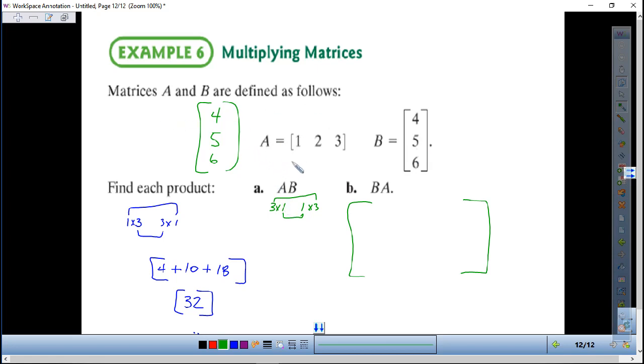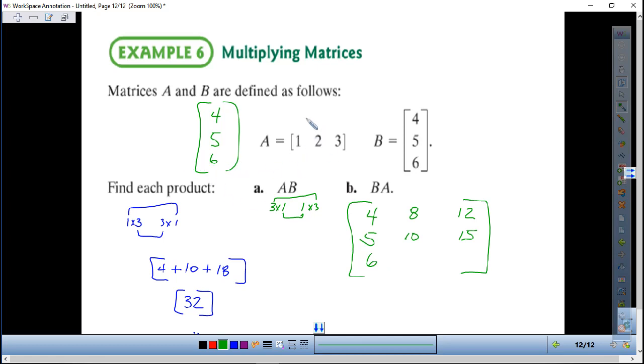So row, column, so 4 times 1, 5 times 2, well, no, let me do my process. So this row times every one of these columns, so 4 times 1, 4 times 2, and 4 times 3, and then 5 times 1, 5 times 2, and 5 times 3, and 6 times 1, row times column.